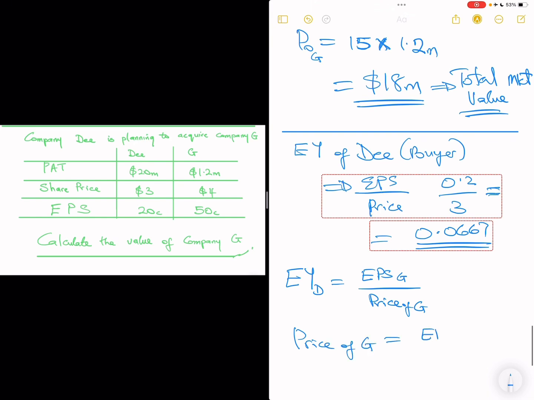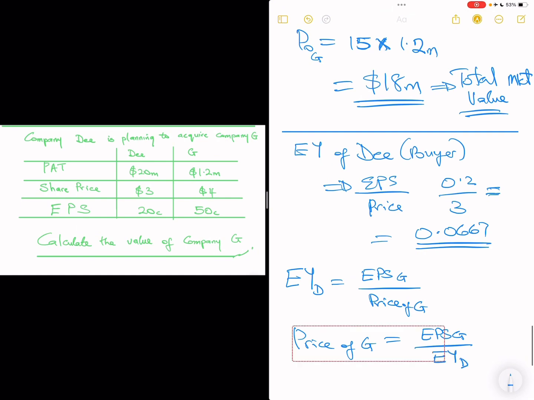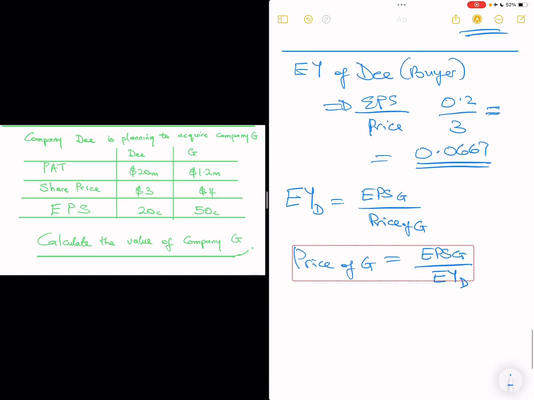So we can get the price of G by dividing the earnings per share of G by the earnings yield of D, which is the proxy, the benchmark that we are using. Earnings of G is given as 1.2, that is the total earnings we have, divided by 0.0667.